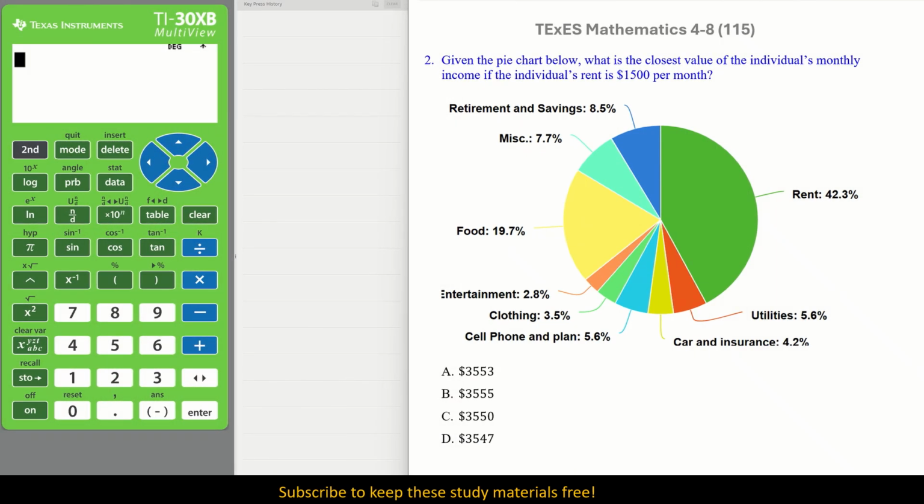Number 2. Given the pie chart below, what is the closest value of the individual's monthly income if the individual's rent is $1,500 per month? Okay, well, what we need to do is find the percent for the rent.